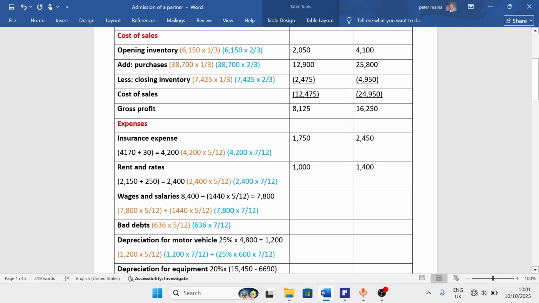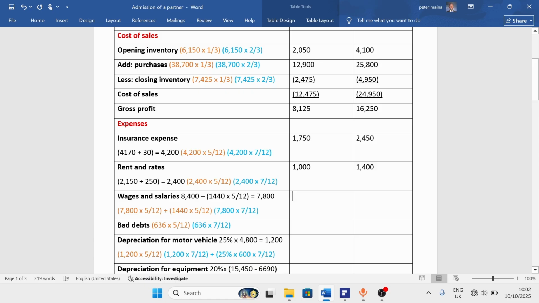So 7,800 is the salary paid to other employees, not including Carol. So we are going to apportion 7,800 the same way we have apportioned the other expenses, insurance and rent and rates. So in the first period, we are going to take 5/12 of 7,800. And then we are going to add the salary that was paid to Carol, because this salary belongs to the first period and should not be included in the second period after admission.